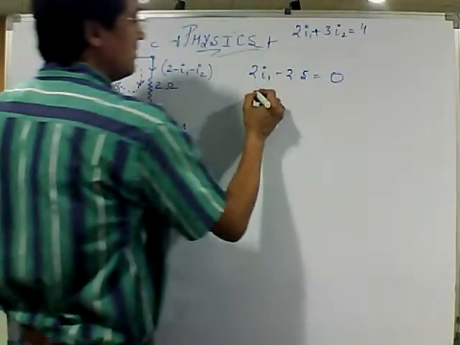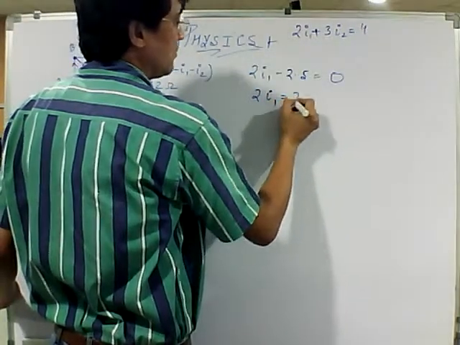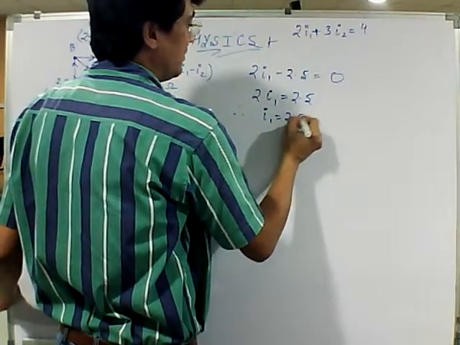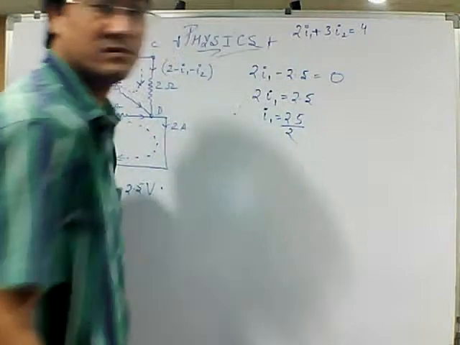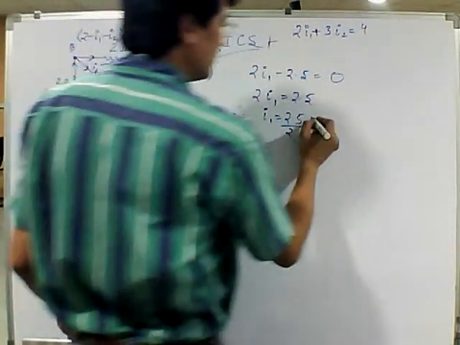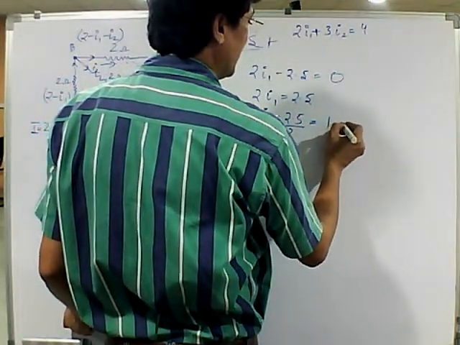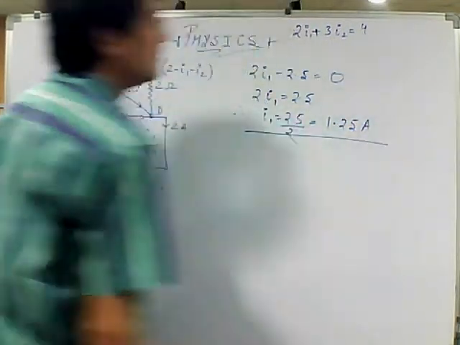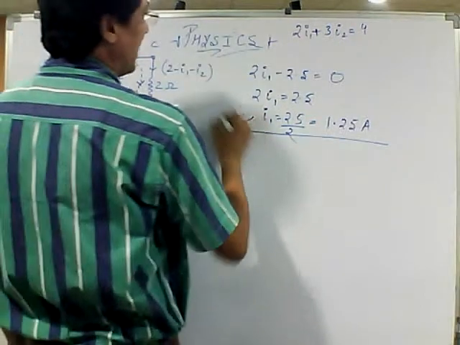So that will be 2I1 is equal to 2.5. Therefore I1 is 2.5 divided by 2, which is 1.25 ampere. I place the value of I1 over here.